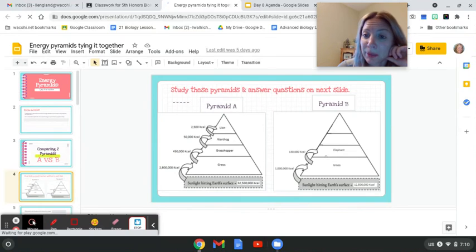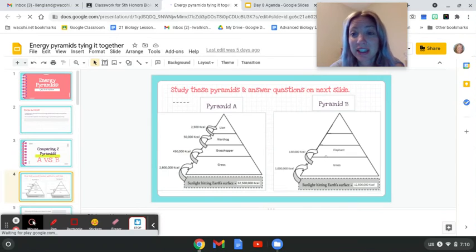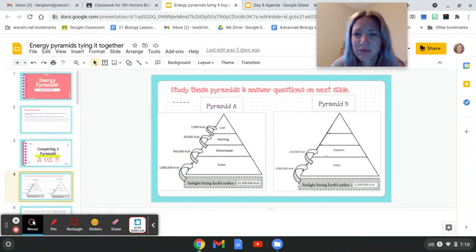What we've learned in the past is that, in general, the percentage of energy transferred from one trophic level to the next is about 10%. What does that mean? Only 10% of the energy an organism eats actually gets transferred into its biomass, into its body, which makes sense.